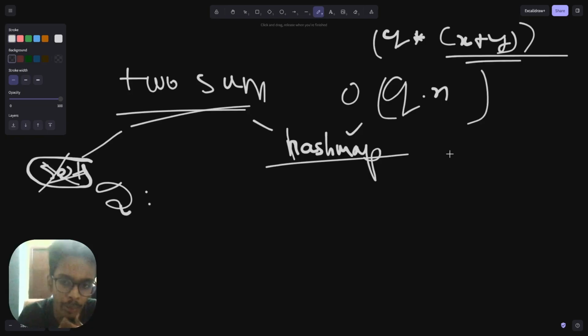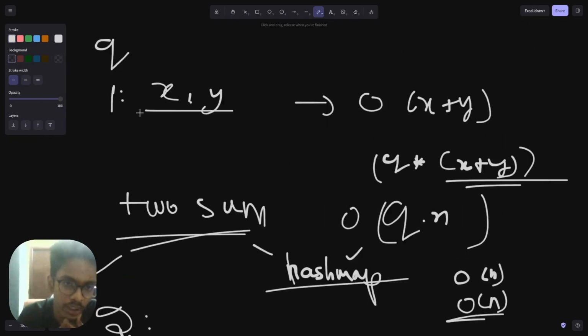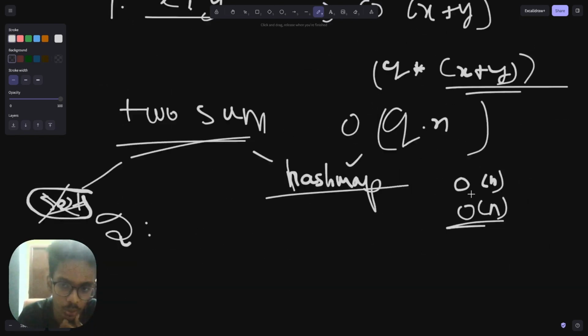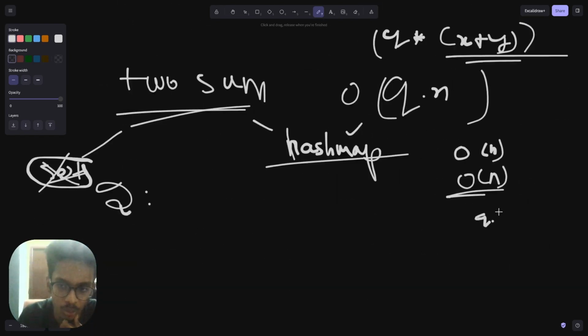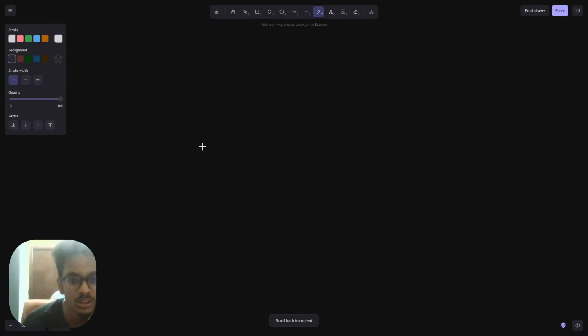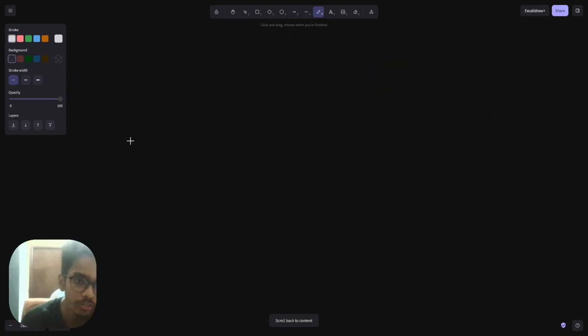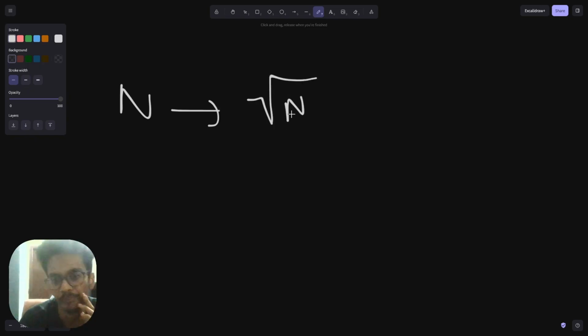If you use an unordered map, it will take O of n space and O of n time as well. And this query would appear q times, so it would take q cross n time. Now this is the brute force. The idea of square root decomposition is: what if I break this n into blocks of size root n?